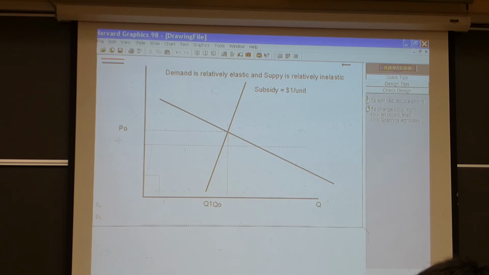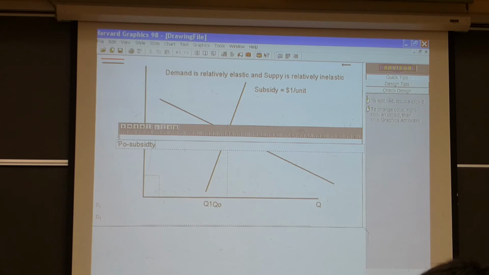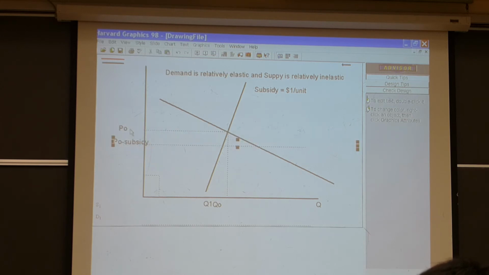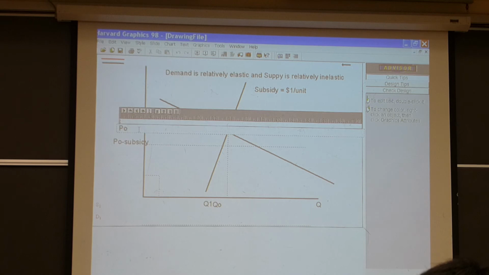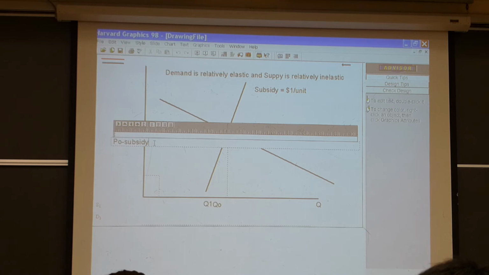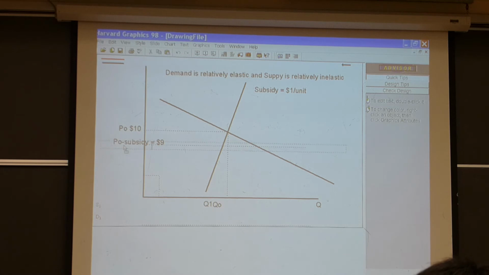This is P0 minus the subsidy. And this first one will be $10, and that particular point there will be $9.